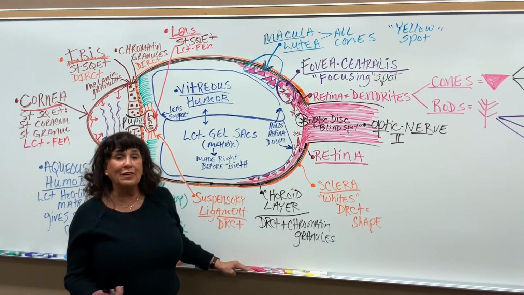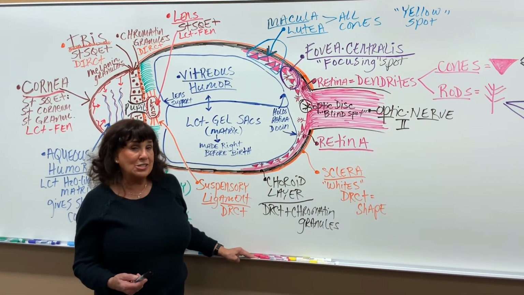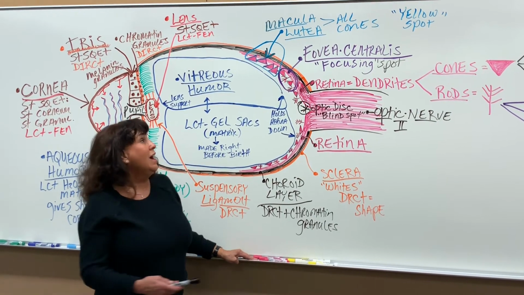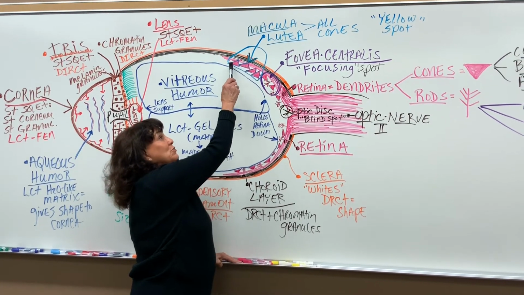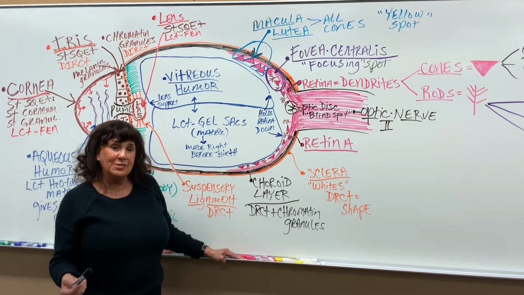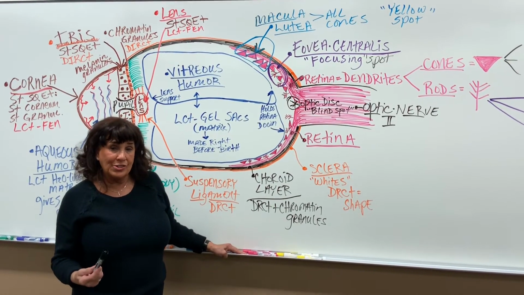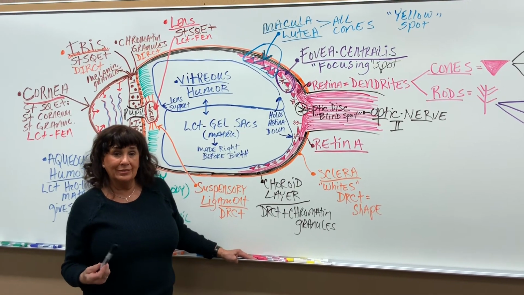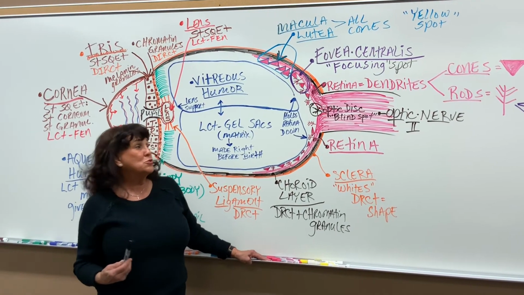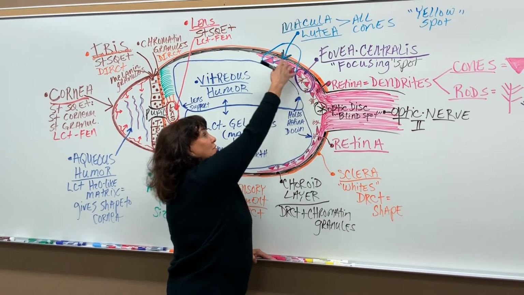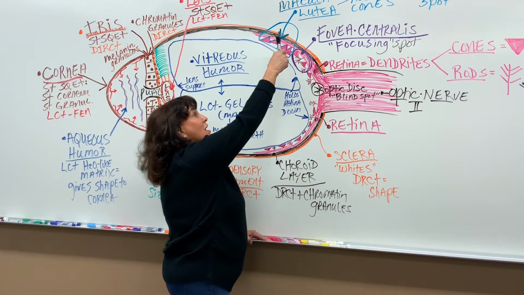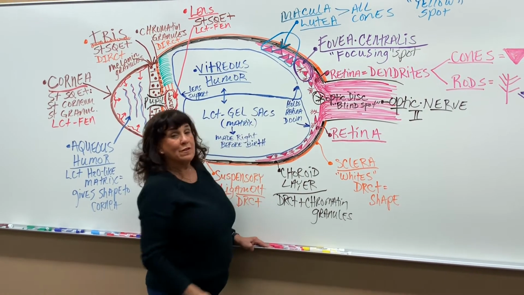If you've ever heard of anybody with macular degeneration in the eye, then that means the cones are getting destroyed. And one of the most common diseases that causes that is what? Diabetes, right? If you're diabetic, the sugar that feeds these nerve cells will destroy the cones first.